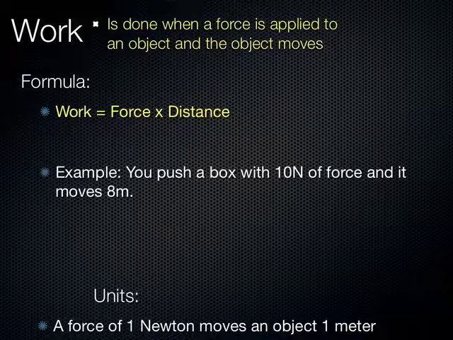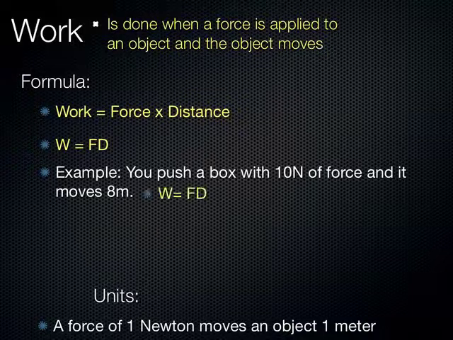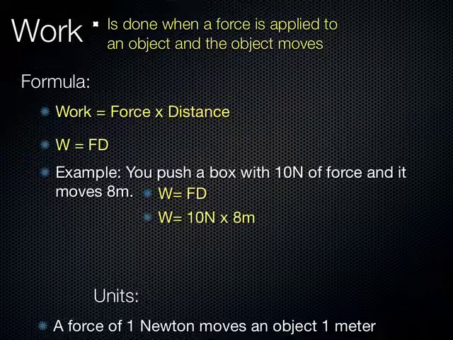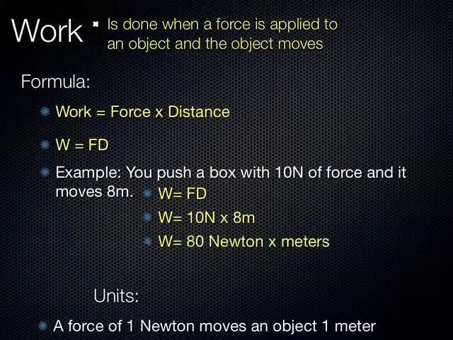So for example, if I push a box with 10 newtons of force and it moves 8 meters, I can figure out the amount of work I've done pretty simply. And again, write our formula, we substitute our numbers, and we come up with our answer.